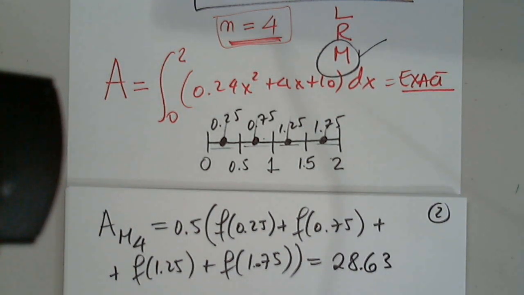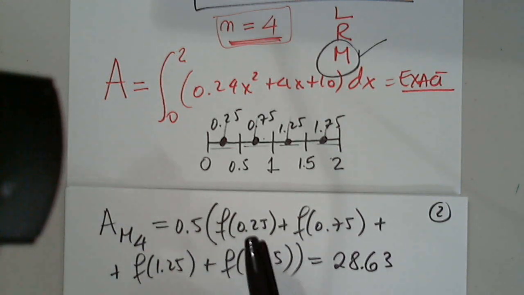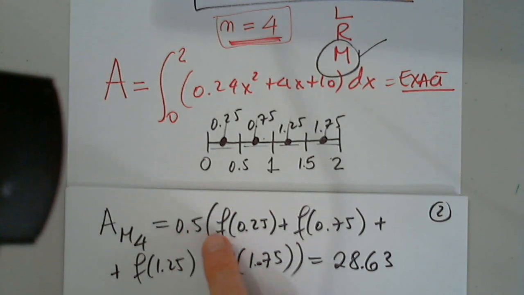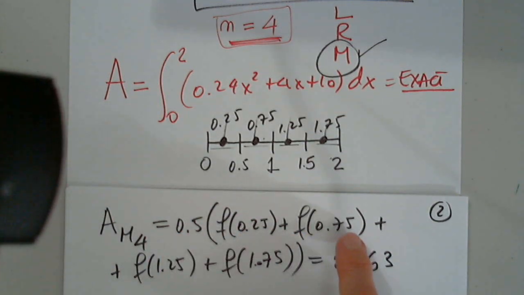That is the best way to perform this calculation. I enter the x values, and in list L2, I enter 0.5 times the function of L1, and then the second row, 0.5 times the function evaluated at 0.75, and so on and so forth.